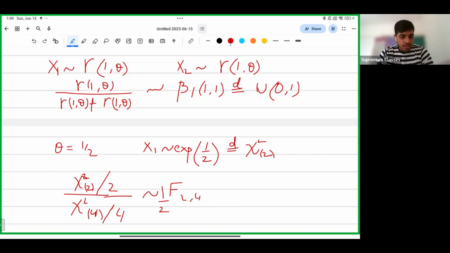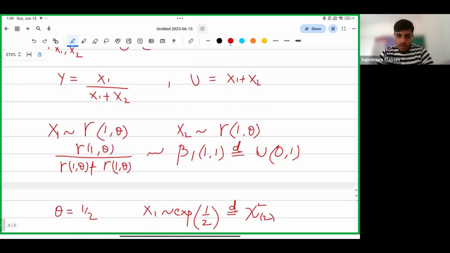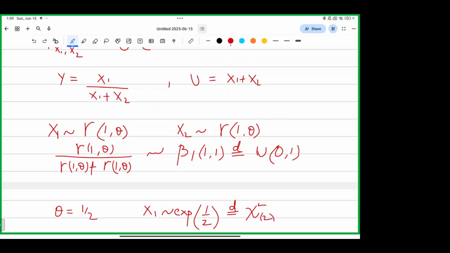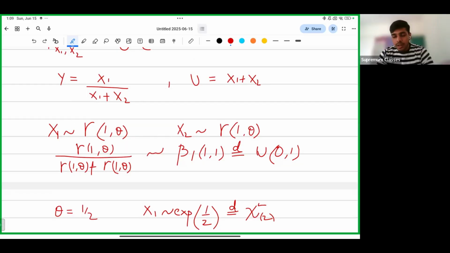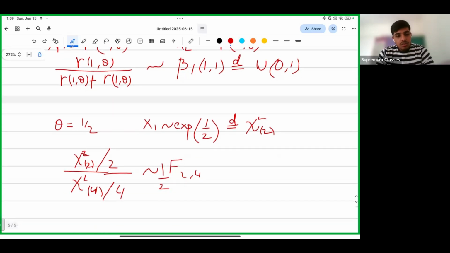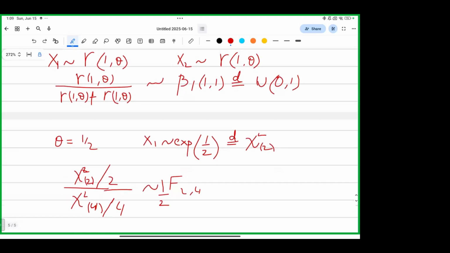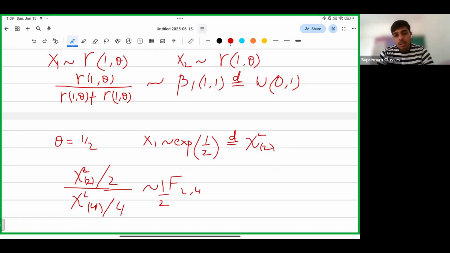Are you confident in your derivation above, the gamma ratios being beta 1, 1 and uniform 0, 1? Yes. Then maybe something's wrong with the second expression. But they're both true.